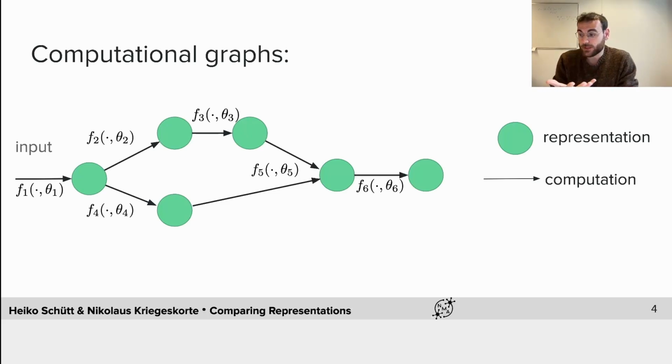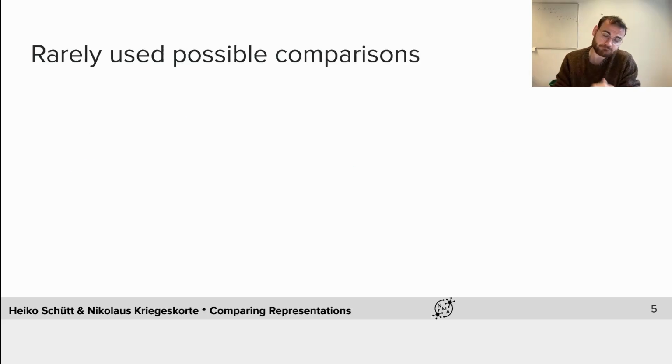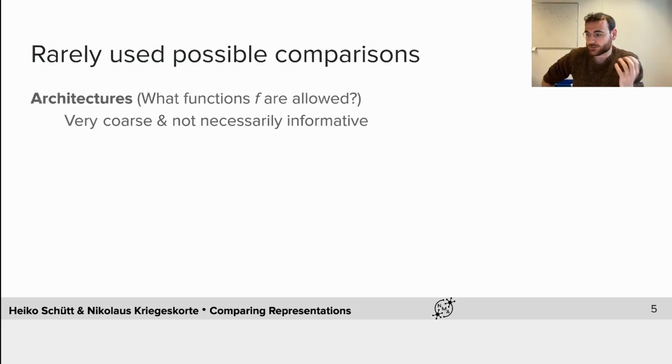So before I explain to you how we actually compare those things, let's talk a little bit about other ways one could think of that are rarely used. First, you can think about, well, we can just tell them what kind of architecture it is, and that should be really informative. And unfortunately, that's not true, right? Different neural networks with very different architectures can basically implement the same functions, such that they should be considered exactly equivalent, but they have completely different architectures.